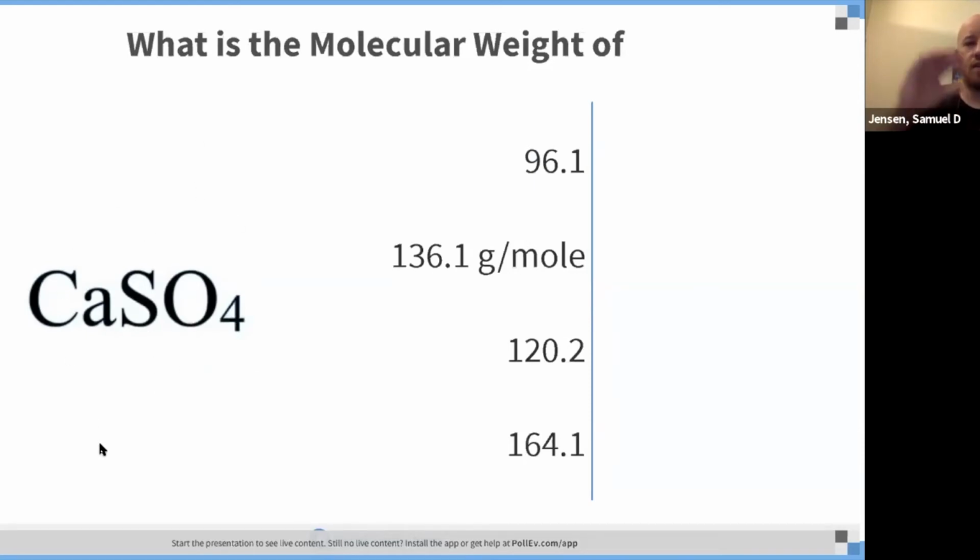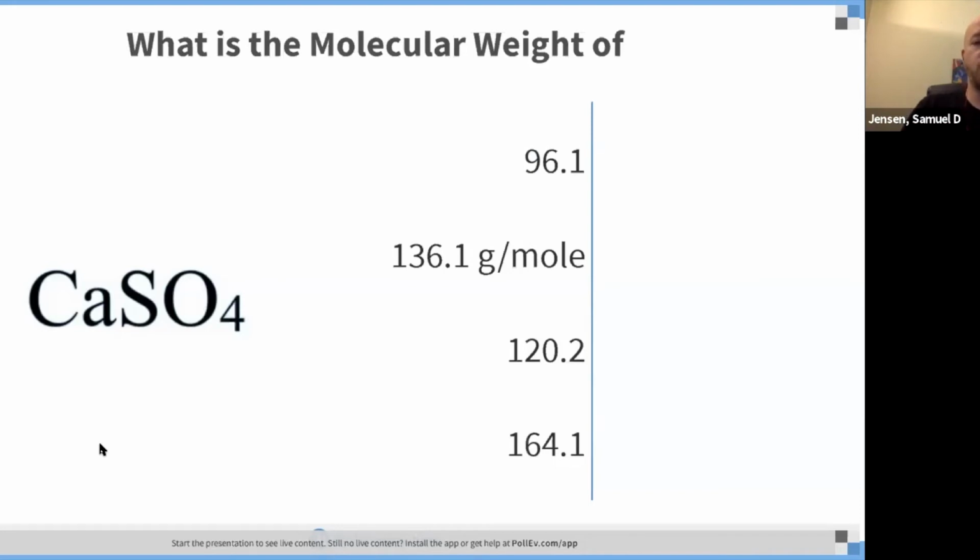You have to sum up all the weights of things on the periodic table. And so the answer is 136.